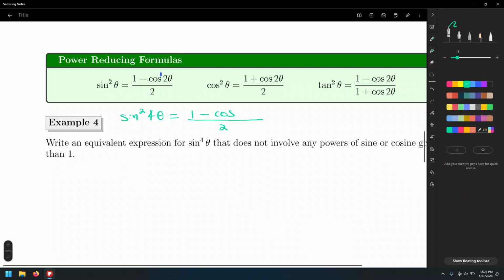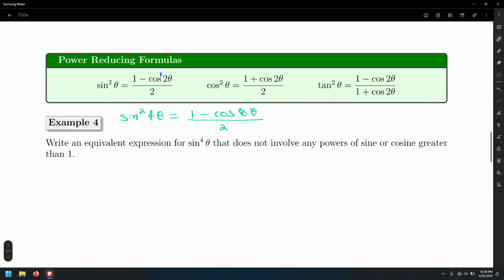When we reduce the power from 2 to 1, this angle became double what it used to be. So if to start with we have some trigonometric function with a 4 theta, we have to double that angle, and that becomes 8 theta. All right? So it's important to take these ideas into consideration. It doesn't just work for theta to become 2 theta. No, whatever angle you have here, make it double when you reduce the power.